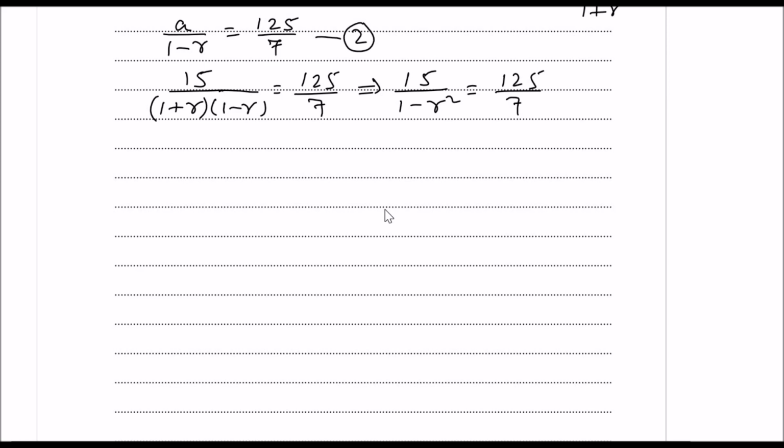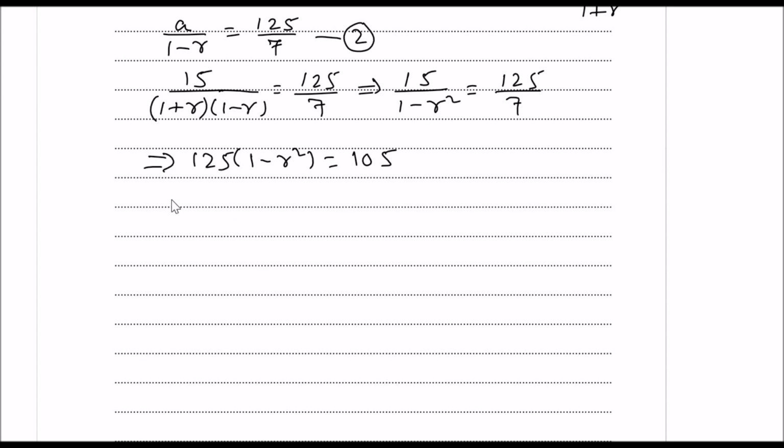After that, we'll cross multiply. So we get 125 times 1 minus R square is equal to 15 times 7, that is 105.